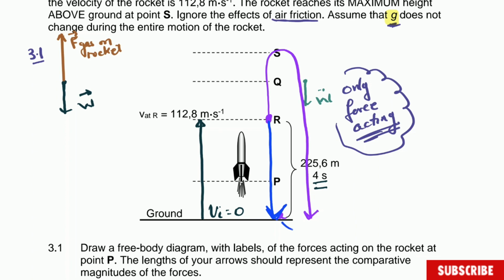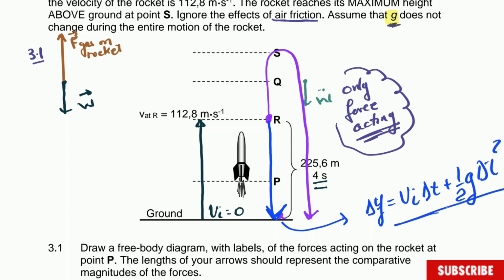So if you use the following formula, the displacement is equal to initial velocity multiplied by the time plus half acceleration multiplied by the time squared. In this case the acceleration is acceleration due to gravity. Guys, this time is the time to reach the ground from R. That is all we are going to do.